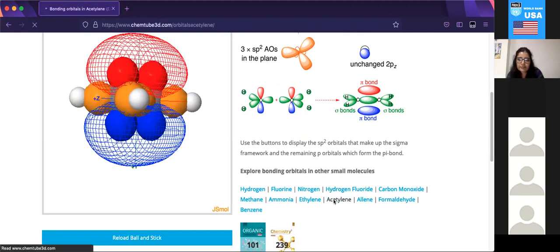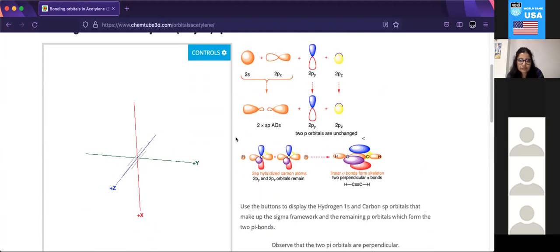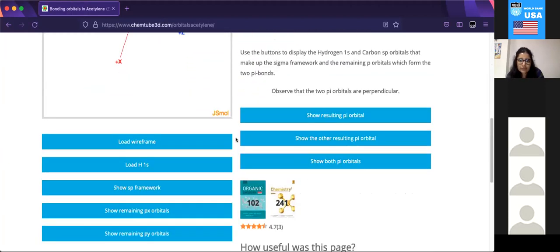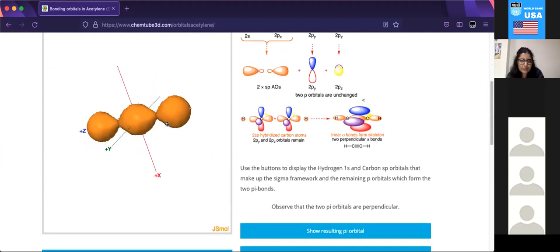Let's look at acetylene also. So sp is linear this way.